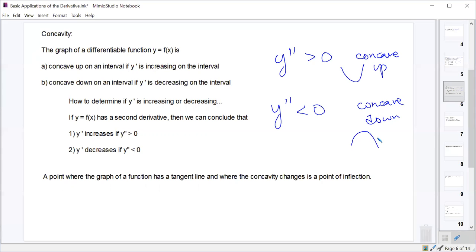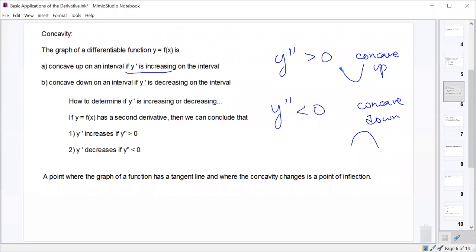The reason this is true is because if the second derivative is positive, that's telling us that the first derivative is increasing, right? And if our first derivative is increasing, that means that the slopes of the tangent lines are getting larger.